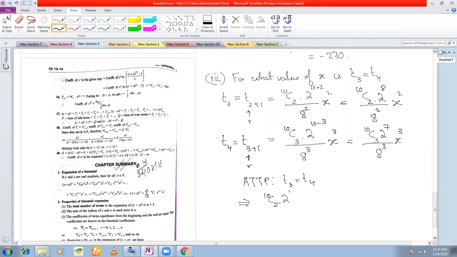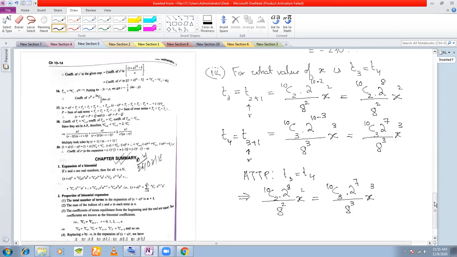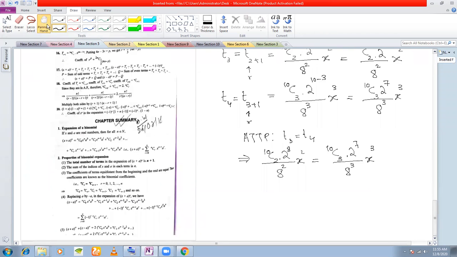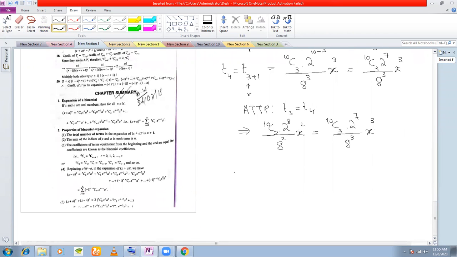10C2 into 2 to the power of 8 by 8 square into x square is equal to 10C3 into 2 to the power of 7 divided by 8 cube into x cube. Okay. So in the next step, we're going to simplify.